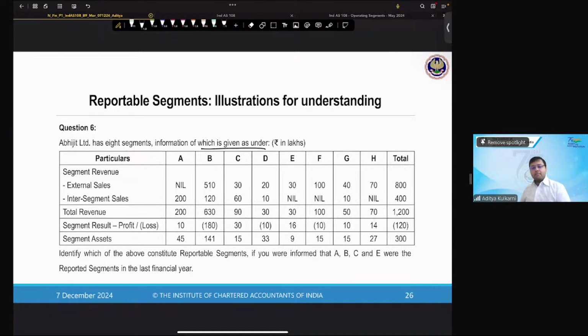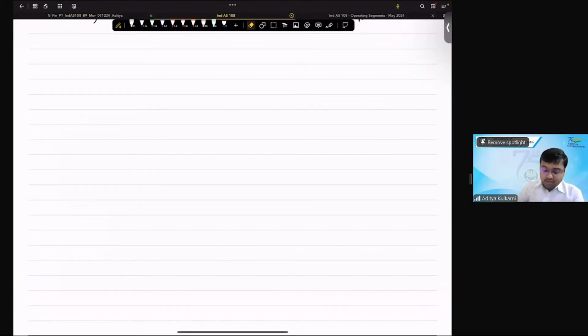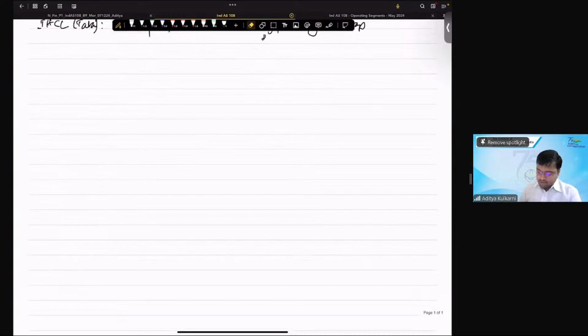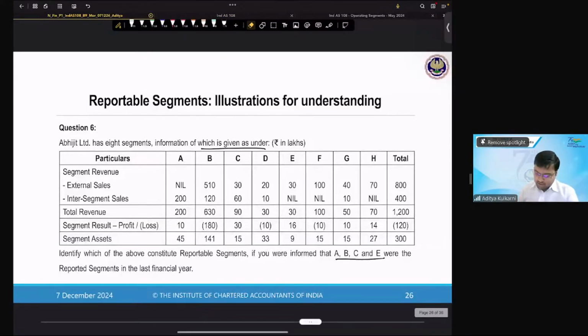Identify which of the above constitute reportable segments if you were informed that A, B, C, and E were the reported segments in the last financial year. So now, revenue. This is a nice question. Now, if we look at question 6.